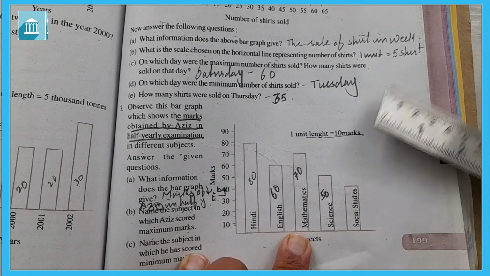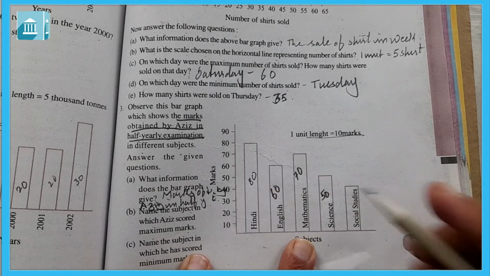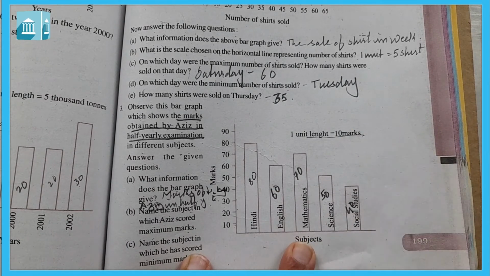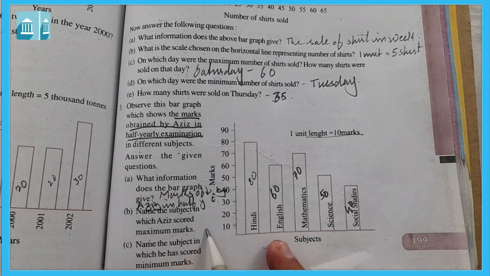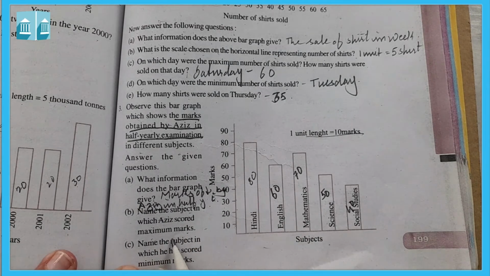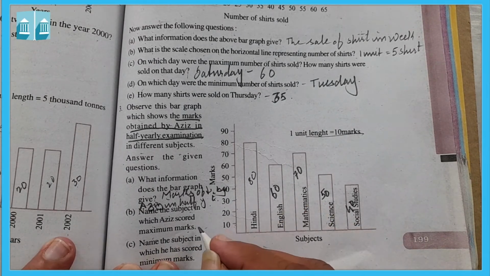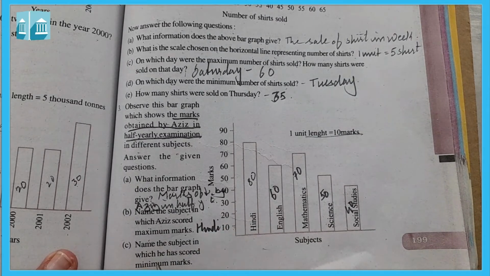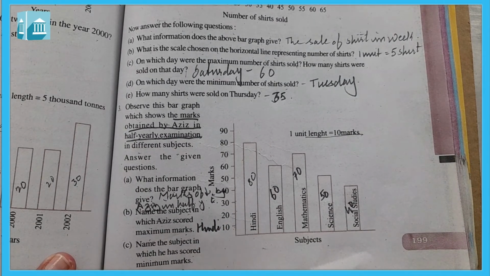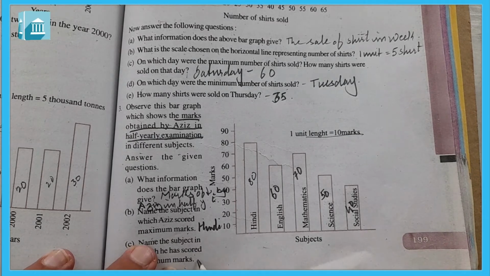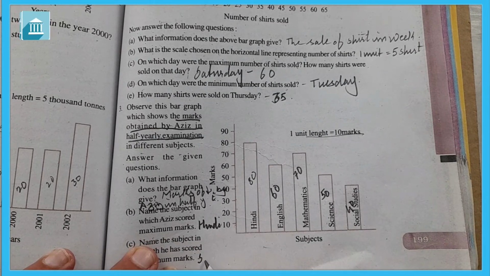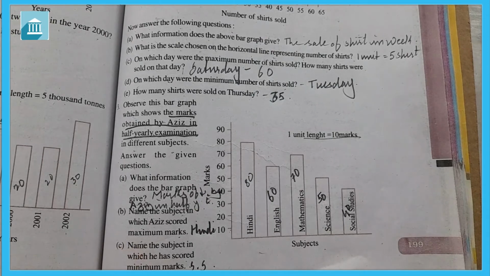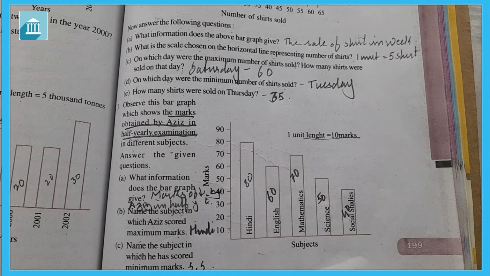Then in SS he scored 40 marks. Now, name the subject in which Aziz scored maximum marks. Maximum marks is in Hindi, so we can write here, Hindi. Then name the subject in which he scored minimum marks. Minimum marks is in social studies.